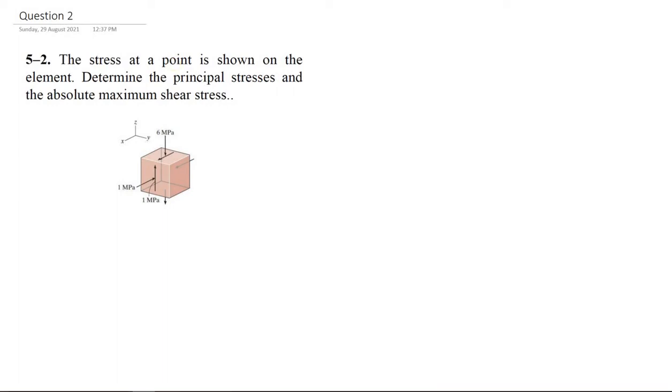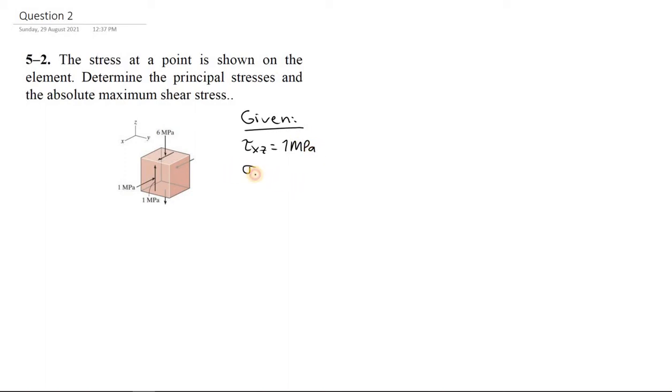So the first thing we want to do, we want to note out what our given details are. From our element, we see that we have shear stress in the XZ direction as 1 megapascal.